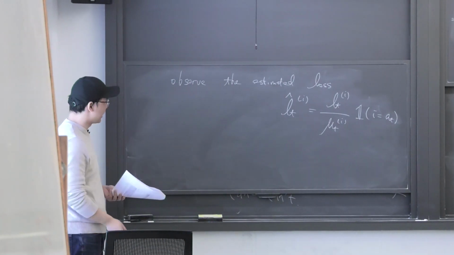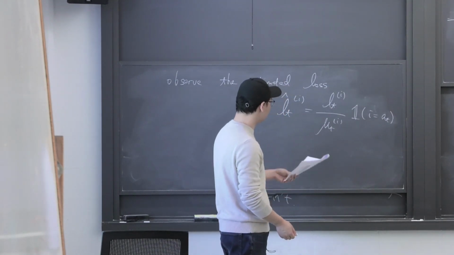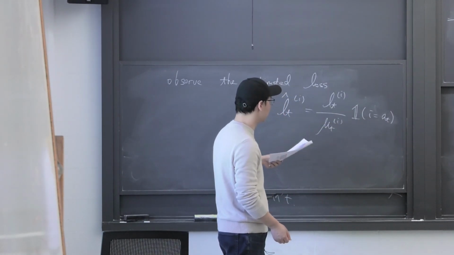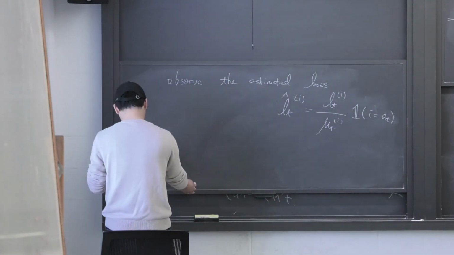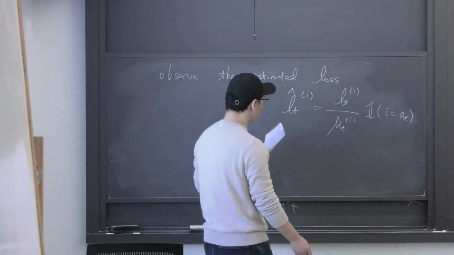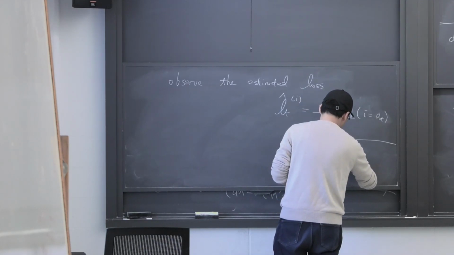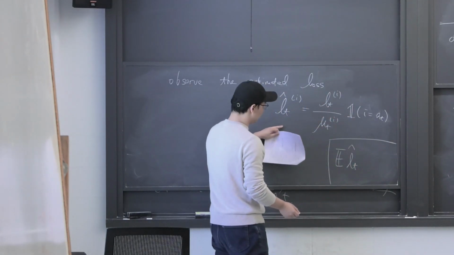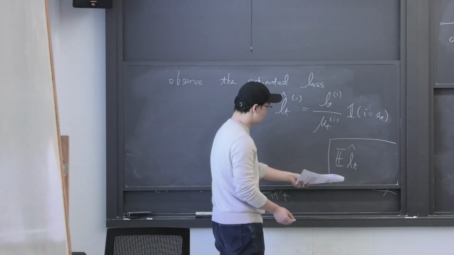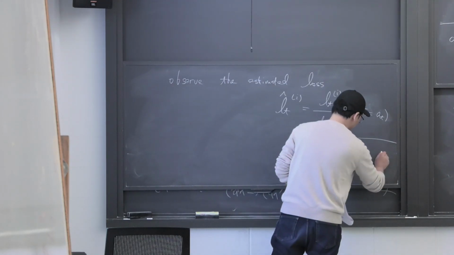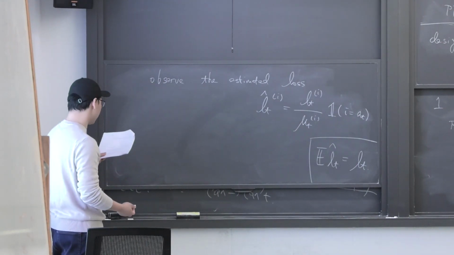That is, if the action i is the action we play at round t, we will use the observed loss divided by the probability to play that action. Otherwise, I will just use 0 to estimate my loss. The reason we do such an estimate is because you can easily verify that the expectation of the loss estimate, viewed as a vector with this being the ith coordinate, is equal to the original loss. So this is an unbiased stochastic estimator of the loss vector.